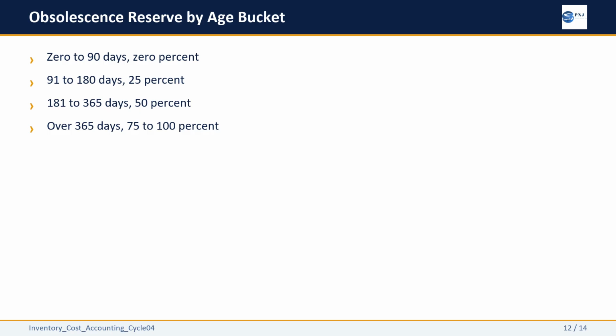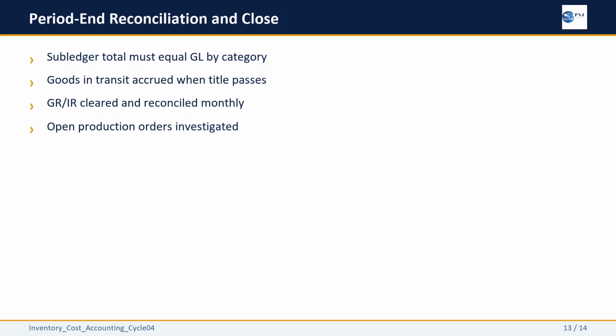And when written-off inventory still has scrap value, you record the scrap at NRV and the remaining cost becomes the write-off expense. With value settled, only one task remains, closing the period cleanly. Before the period closes, the full inventory reconciliation pulls everything together.